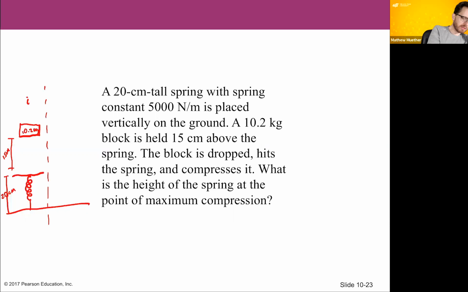Afterwards, what does this system look like? Well, the spring is going to be compressed and it's going to be some height h above the ground here. And the block is going to be on top of the spring. We want to know, what is the height of the spring at the point of maximum compression?